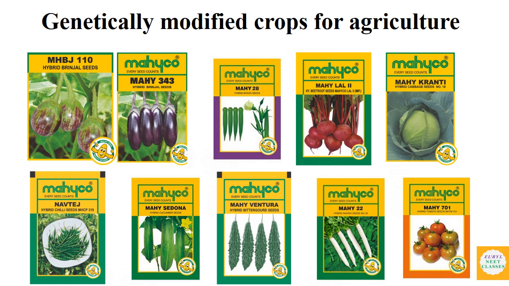To prevent these things, we are using genetically modified crops which are going to have special genes or special molecules in them which will repel or kill the pest, so the plant can grow happily and give better yields. So this is one of the best applications of biotechnology, nothing but genetically modified crops.